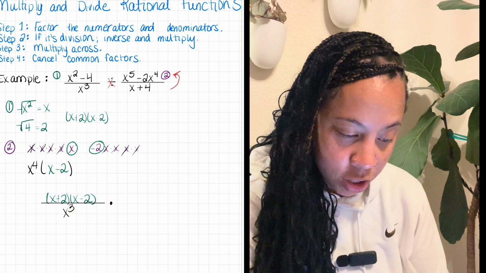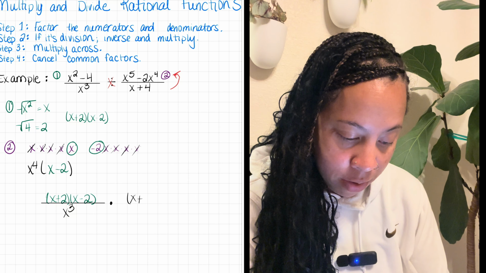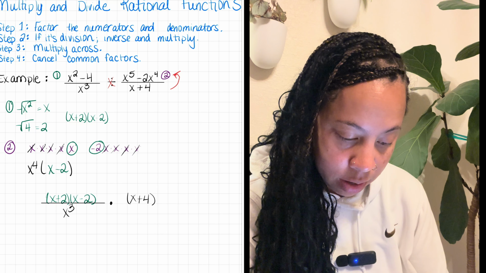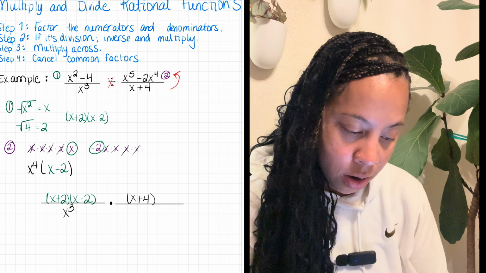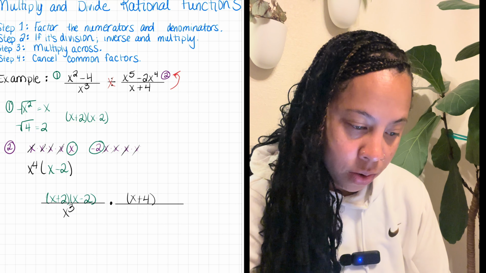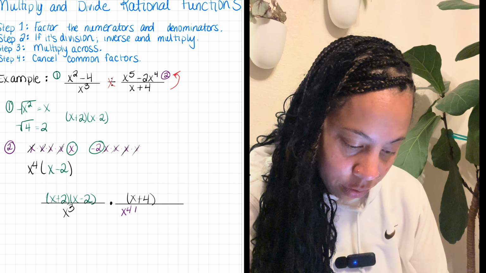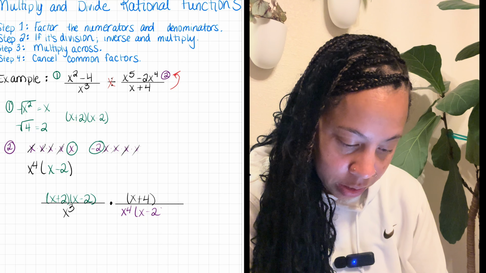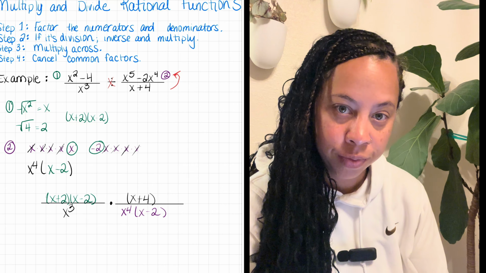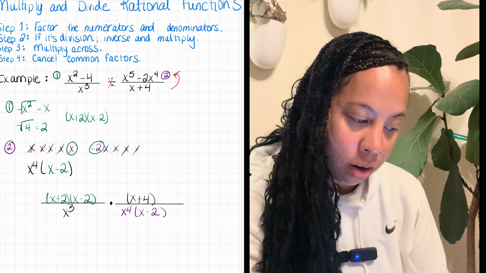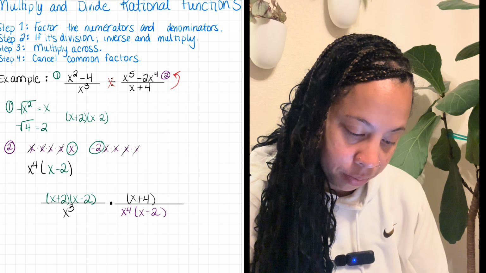We now have a multiplication problem. We have an x plus 4 on top, and on the bottom, we have x to the 4th times x minus 2. Okay, and then we're just going to multiply across.